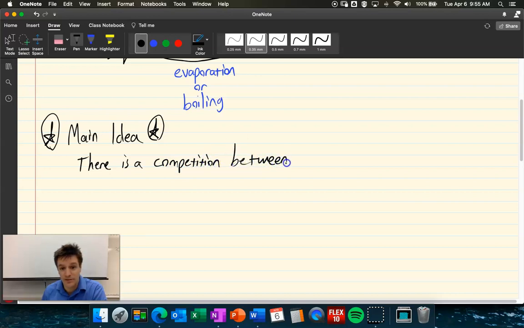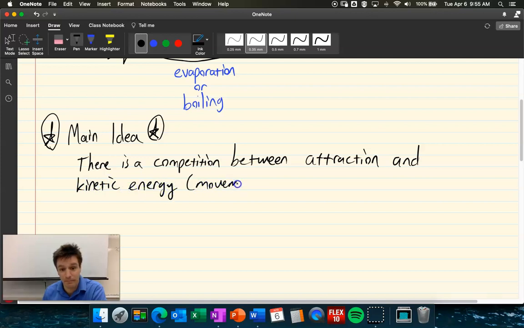So competition between attraction, and the fancy word here is kinetic energy, okay? Kinetic energy is the energy of movement, okay? So this competition can kind of tell us what's going on.